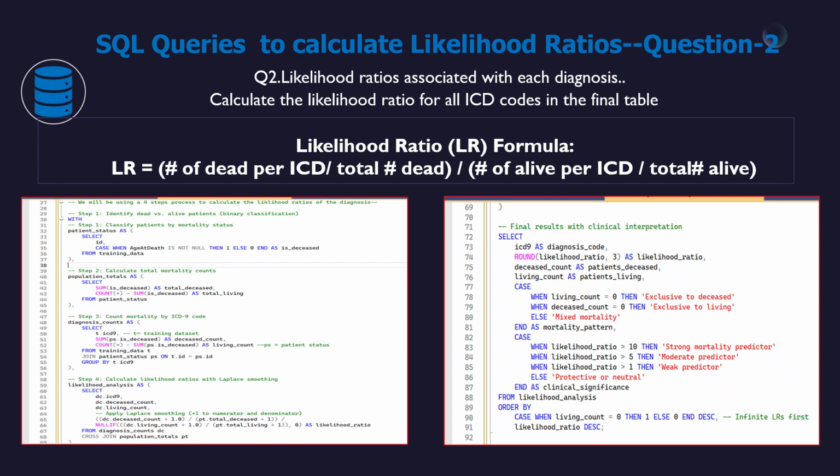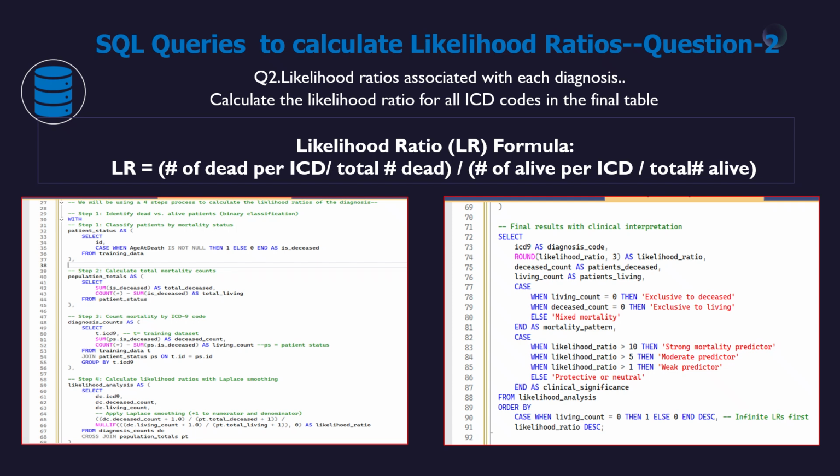Use the aggregate function to sum is_deceased, which you've calculated in the first step, and label that as total deceased, and then you count all the rows and subtract the sum of is_deceased, and label that as total living from the patient status.